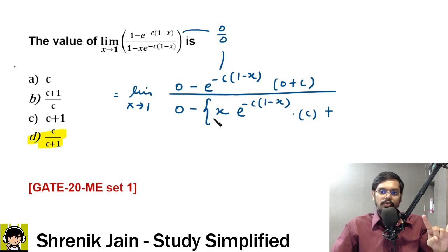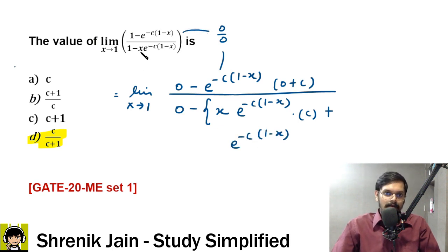So this was u into differentiation of v, then we have plus v into differentiation of u. Which one is v? Only the exponential part is your v. Okay sir, my exponential part is v, so e to the power minus c into 1 minus x, and then differentiation of x with respect to x, sir, it would be 1. Okay, I guess everyone is done.